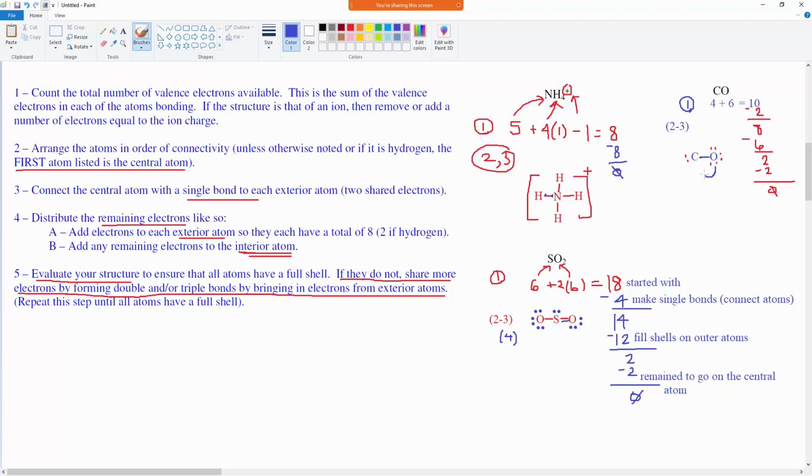So oxygen is going to want to move 2 of those electrons in so that carbon can have more electrons. So I'm going to move these 2 electrons into that space between the 2 of them. Right there. Now does carbon have 8 electrons? Yeah, Erica sees it. She says carbon does not have 8, he only has 6. So we're going to move another set of electrons in there.